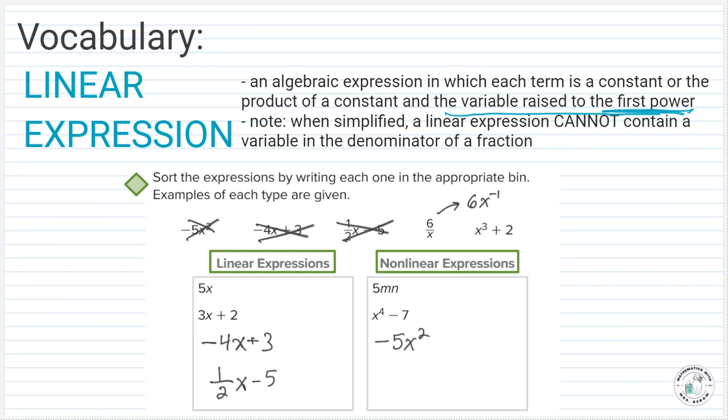So that 6 over x is considered nonlinear. And the x to the third power plus 2, also considered nonlinear because that x is being raised to the third power, not the first. So you just want to make sure that if you're ever asked linear versus nonlinear, linear expressions always have the variable raised to the first power, and there's only one variable, not two like we see on this one.